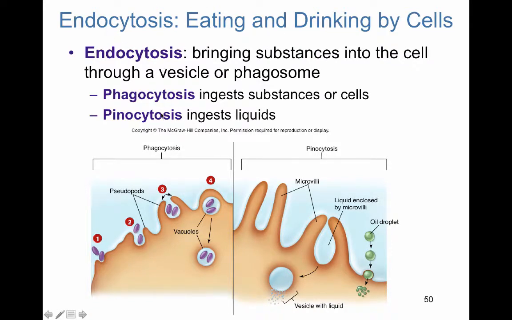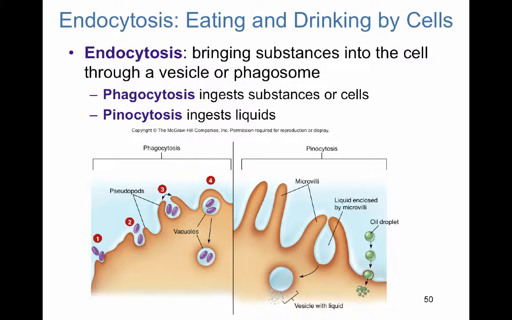Now also some other terms to bring up here for cells that are bringing substances into their internal contents through a vesicle. If they're ingesting other substances or cells, this would be phagocytosis. Pinocytosis would be in the case of ingesting liquids. So you see pinocytosis on the right and phagocytosis on the left. Phagocytosis is carried out even by our white blood cells.